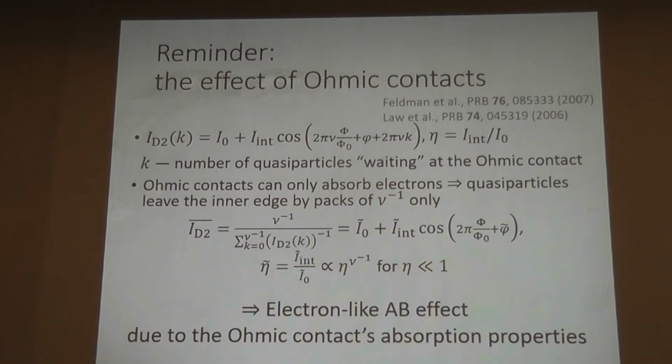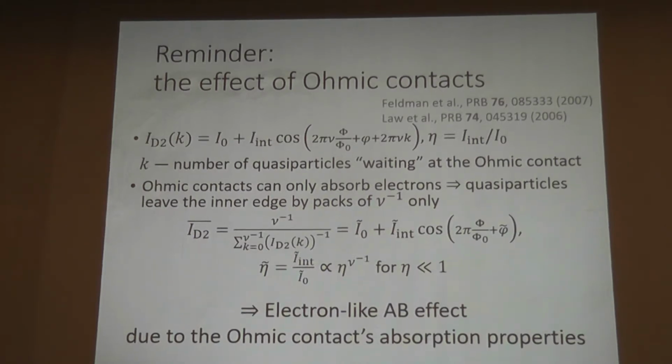The first quasi-particle comes and waits at the ohmic contact while the others arrive. Then the second quasi-particle comes, but before it comes, because of temperature fluctuation, some quasi-particle jumps onto the inner edge. Then the second quasi-particle comes, and it does not feel the statistical phase it should have felt otherwise. Then, after it came and waits at the ohmic contact, that thermal fluctuation goes back, and the second quasi-particle felt not the phase it was supposed to feel.